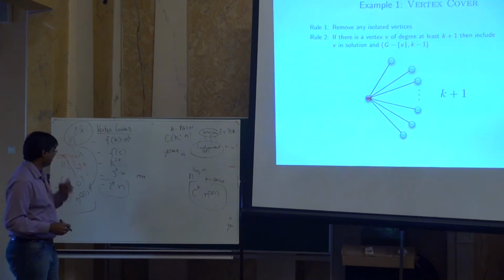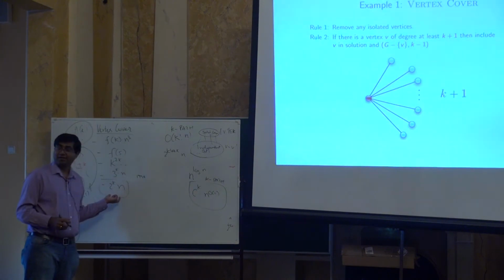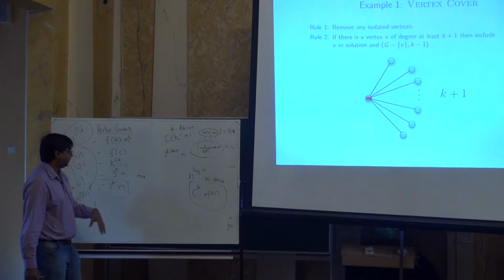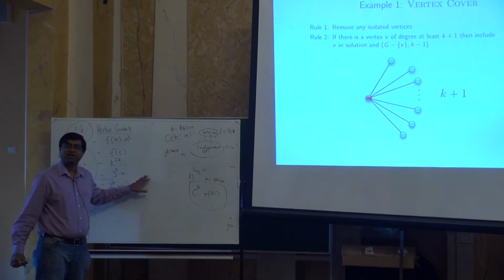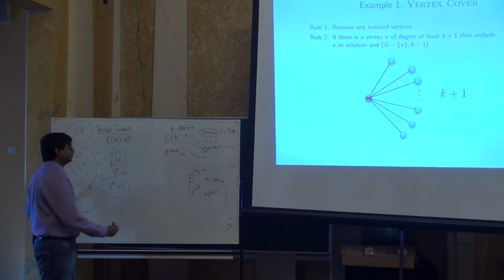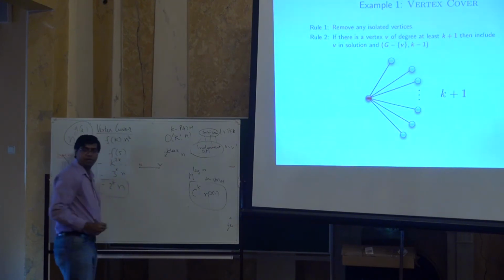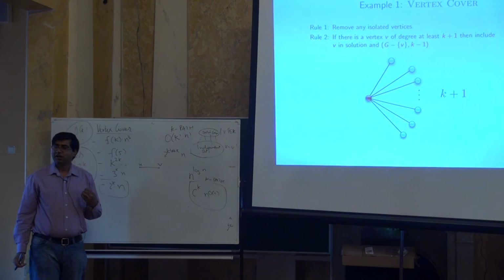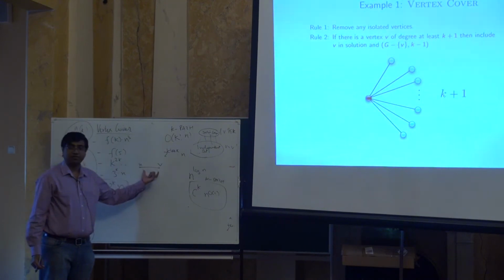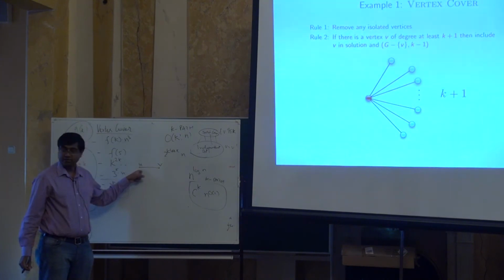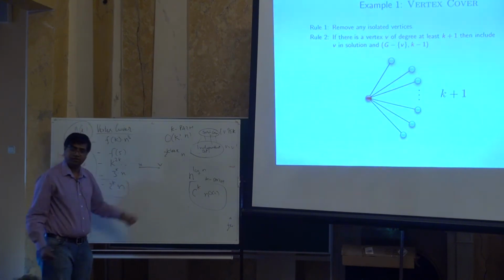So you can imagine. Anyway, coming to this algorithm for vertex cover, here's an algorithm. It's a very obvious algorithm, but somehow the simplest ideas don't come very naturally. Look, if you have an edge u, v, you're asking, does there exist a vertex cover of size k? Any vertex cover of size k by definition should either contain this vertex or contain this vertex.